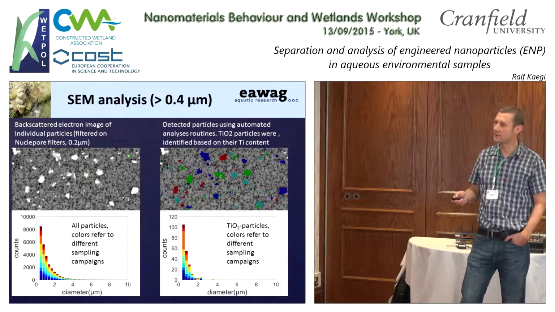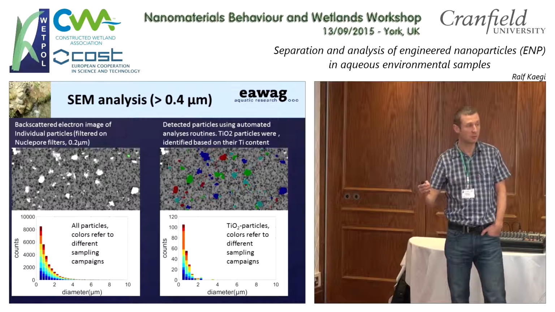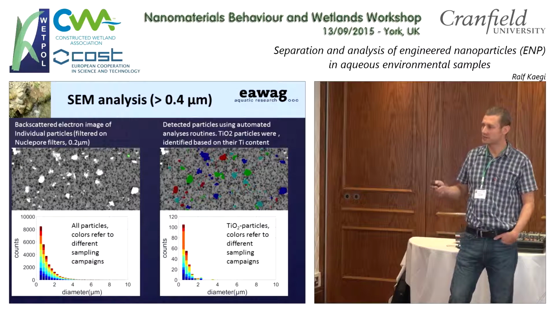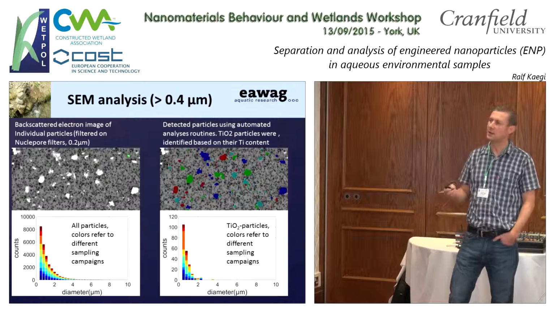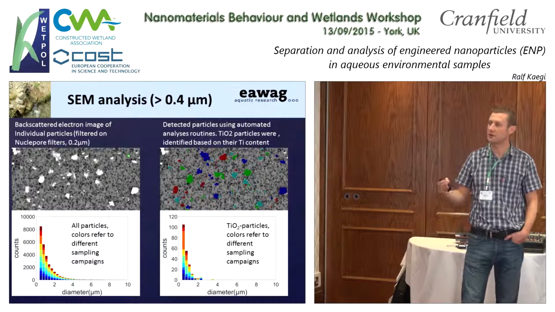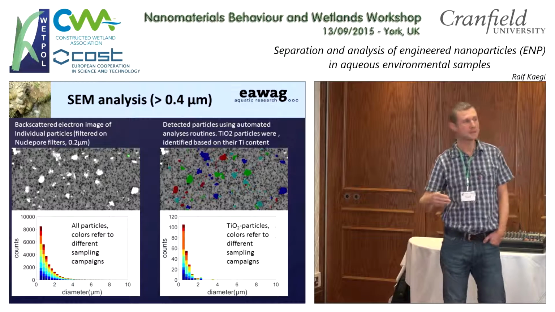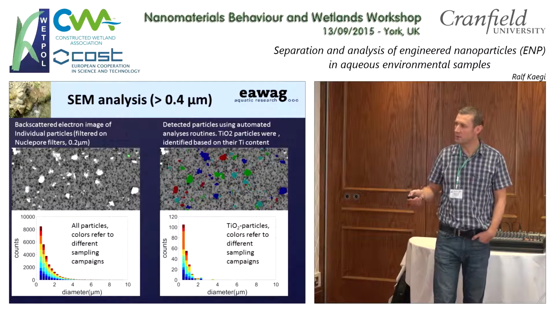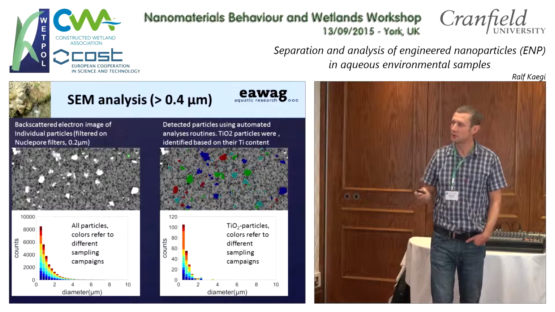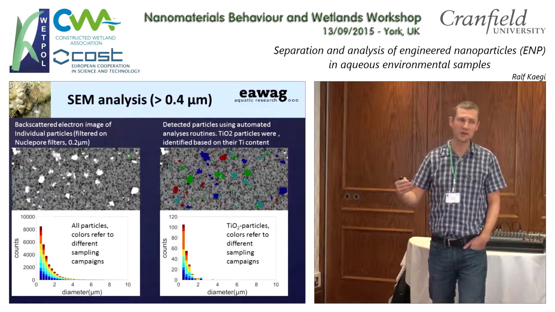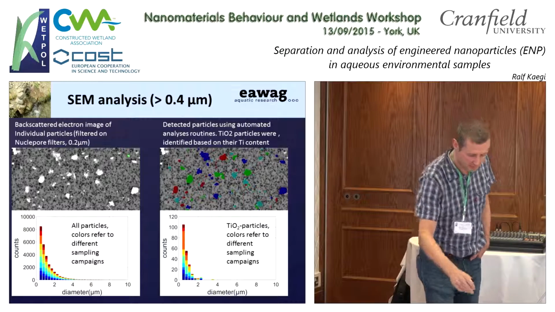The nice thing is now I can select just the titanium-containing particles, the titanium dioxide particles, and extract the particle size distribution as shown here. I also see a comparable size distribution, and about 1% of all the particles are titanium dioxide. Important is that we see this exponential, power law increase, so we have reason to assume that we also have particles in the nano range.